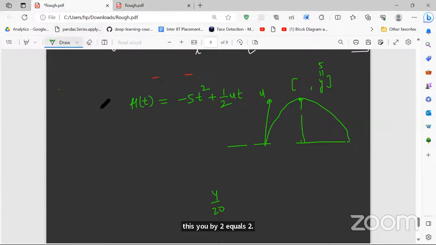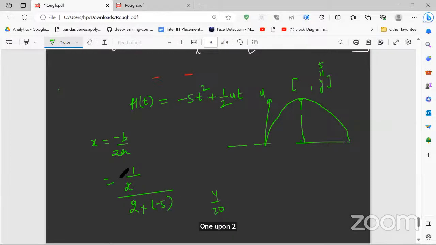Can you use the axis formula for the x coordinate? X equals minus b upon 2a. Use that formula. B is u by 2, which is 1 upon 2 u, upon 2 into minus 5.